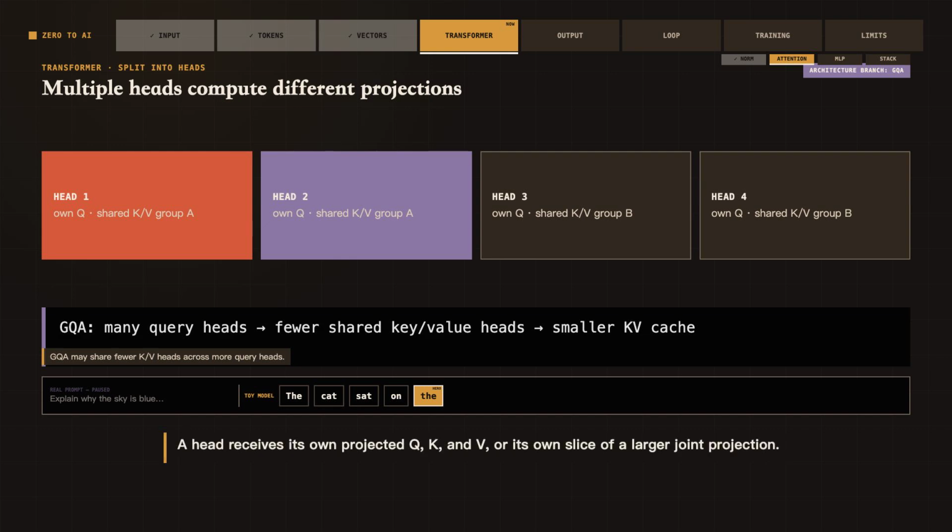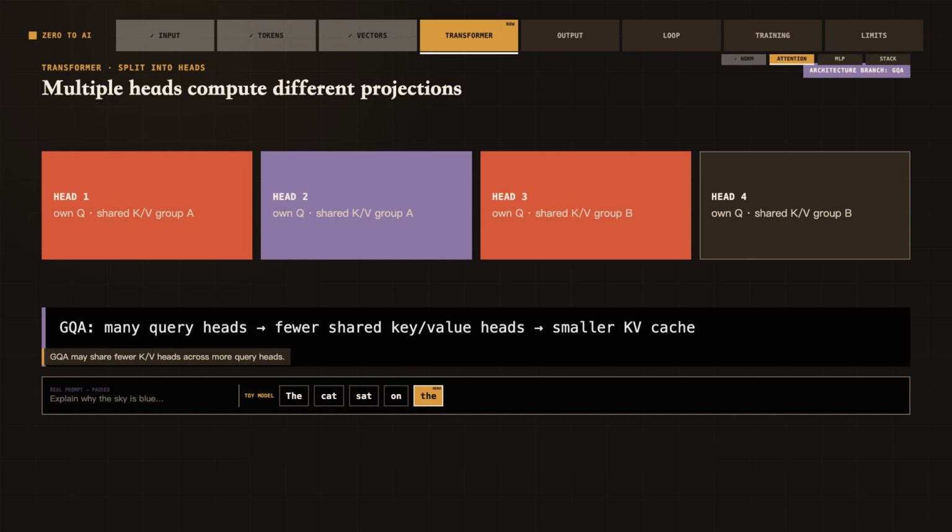A head receives its own projected Q, K, and V, or its own slice of a larger joint projection. Different heads have different learned projections, so they can compute different patterns of information mixing. We should not assume that each head has one stable English label. A head's behavior can depend on the layer, prompt, and interaction with the rest of the network.